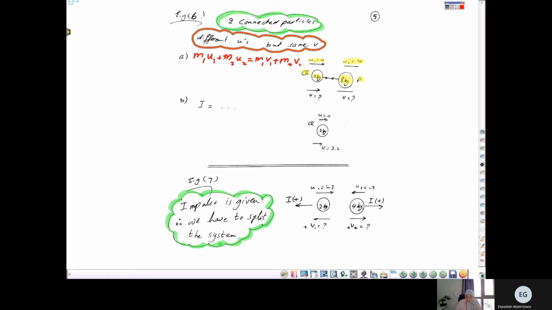First of all, we have to assume the positive direction of velocities. Suppose that we assume it to the right. So I'll write here positive velocities, because I should declare how I assumed the signs.